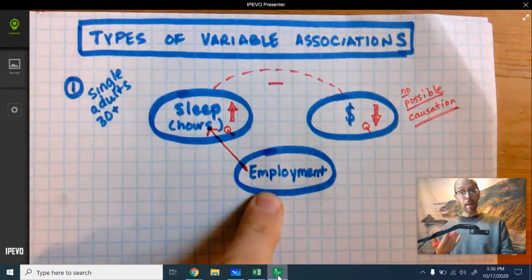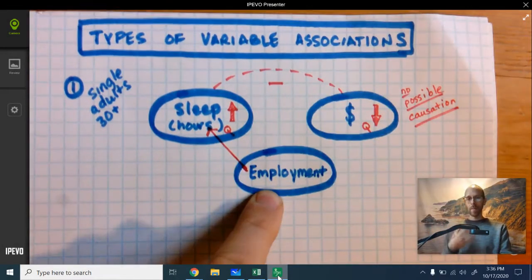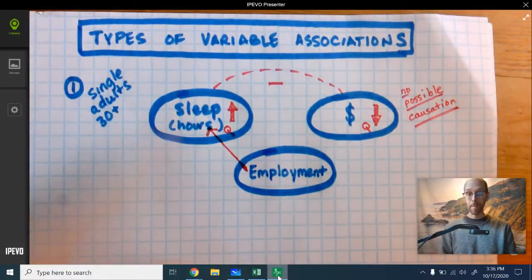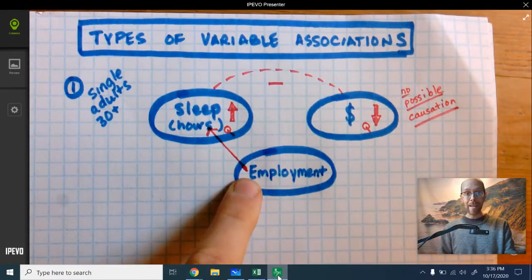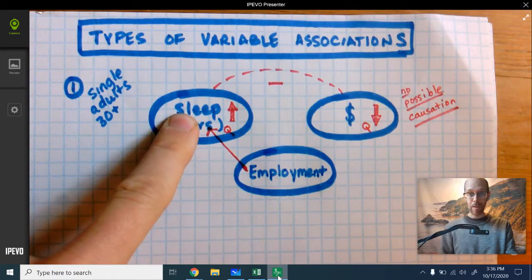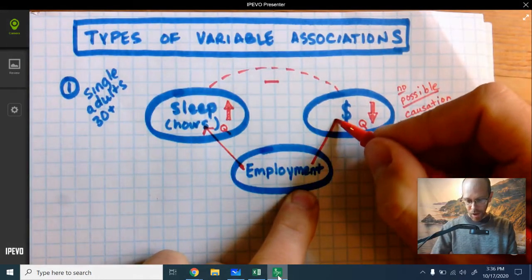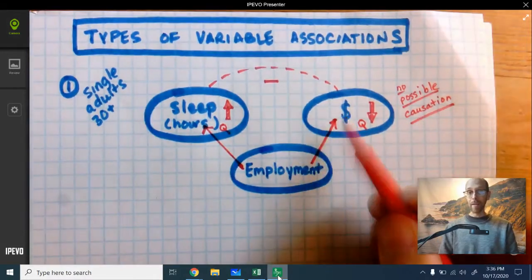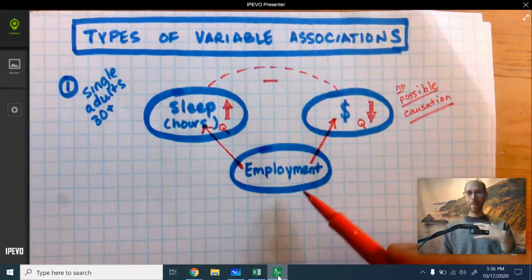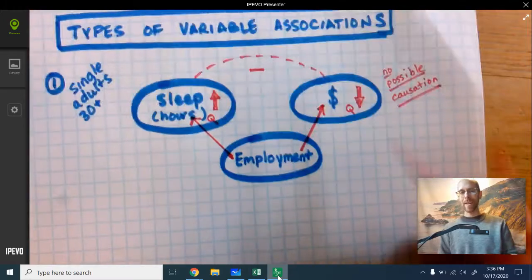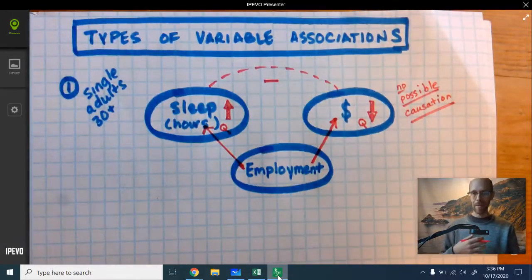If a person is unemployed, that person spends more time at home, has more time to sleep, and sleeps more. So employment has a causal relationship on sleep. Employment also obviously has a causal relationship on dollars, because if a person has a job, then they've got more money in their bank account. If a person has no job, they probably have less in their bank account.